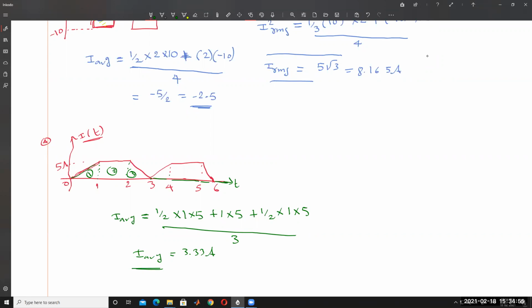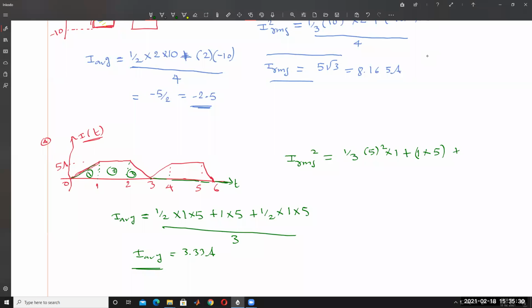And then IRMS. How to find IRMS? For this, 1 by 3 into the integral of i square into t. I square is nothing but 5 square into t. The time period is 1. So the first one is over. And then the second one, length into 1, so 1 into 2 for the square. Second one.